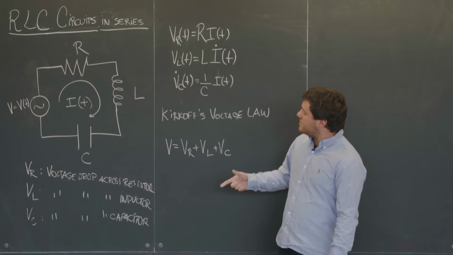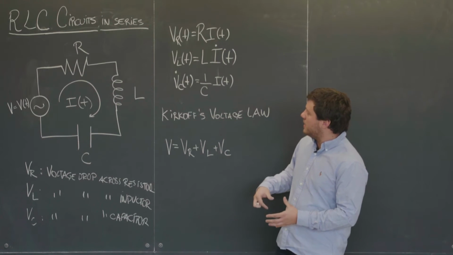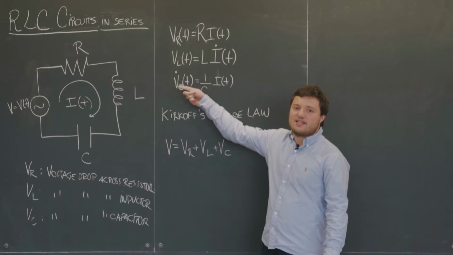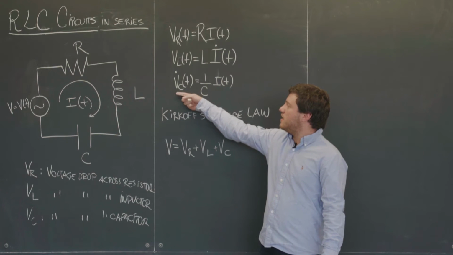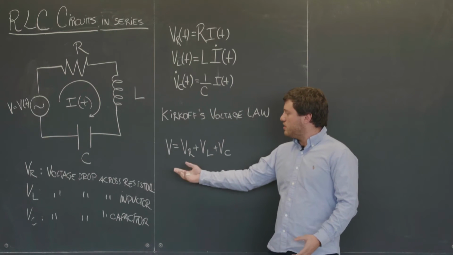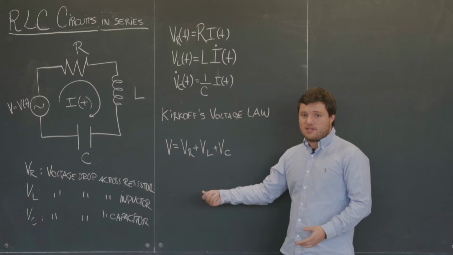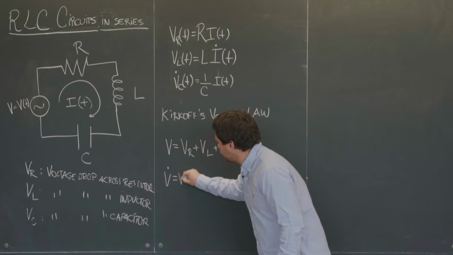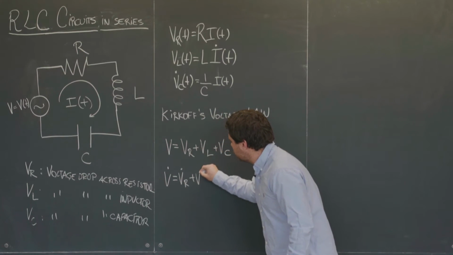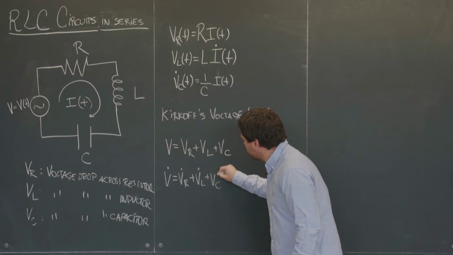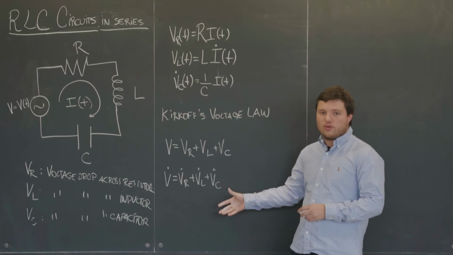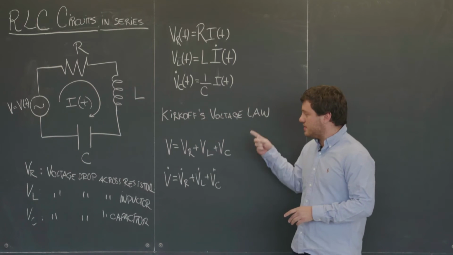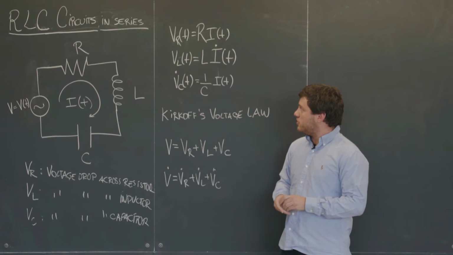And here, since we want to rewrite everything eventually as a single equation, we have to rewrite things in terms of time derivatives because we have VC dot showing up here. So a natural next step to take is to differentiate Kirchhoff's law. So we would get V dot is equal to VR dot plus VL dot plus VC dot. This way, we can use the relations that we have and plug them into the time derivative of Kirchhoff's voltage law.